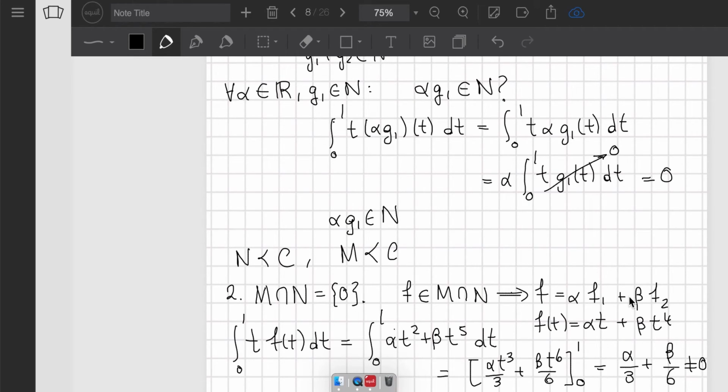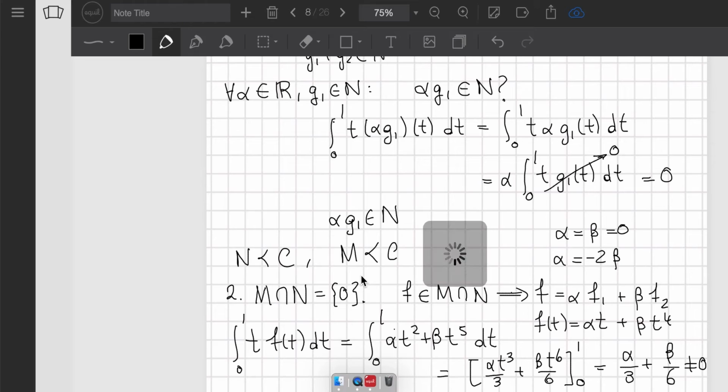That means that the only way you can have a function f belonging to both M and N is if alpha and beta are equal to 0, or if alpha is equal to negative 2 beta. And you might think, oh great, then we can just plug in negative 2 beta here and we have a function f which is not equal to the zero function.